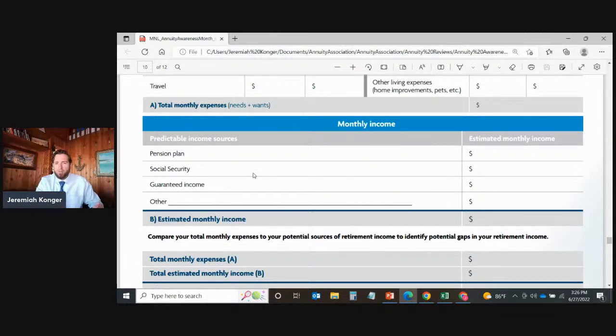Because with an income annuity, when all of your expenses are covered by guaranteed sources, you create an optimization by taking the pressure off of the rest of your estate's assets.